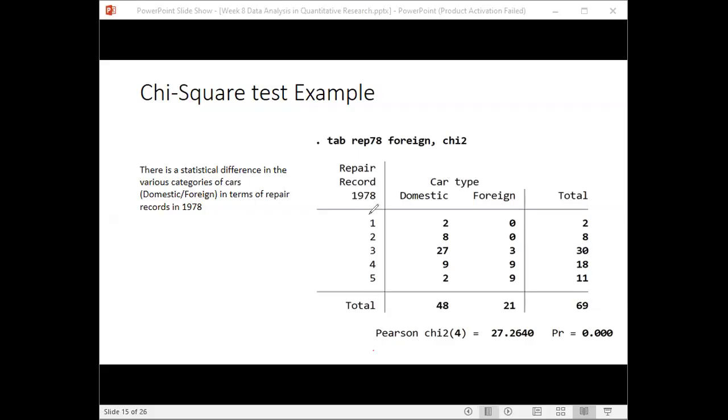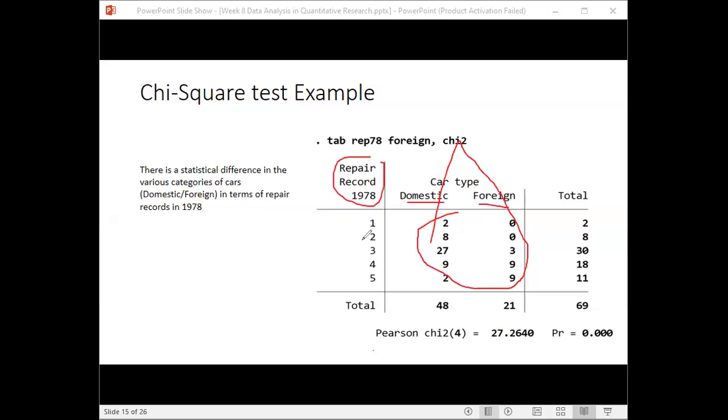Let's look at this example, right? We are looking at repair records and whether the car type is a domestic car or a foreign car. These are the frequencies from our data.